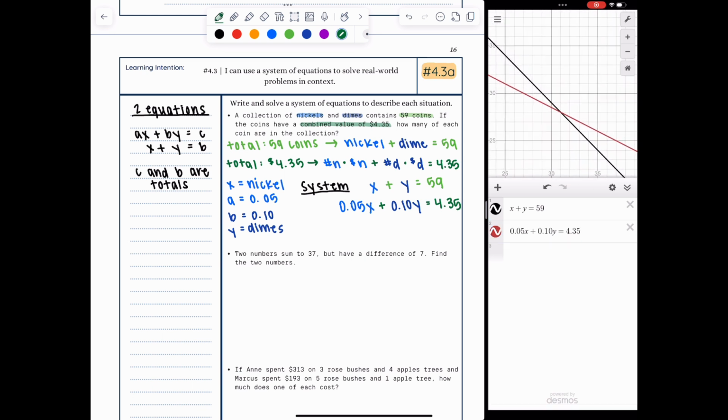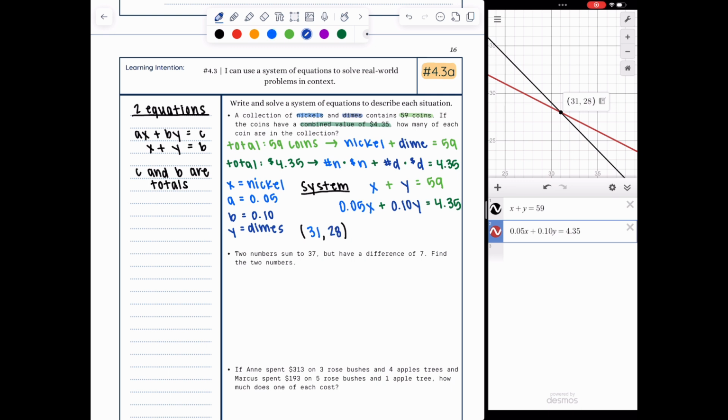Next, you're looking for the actual solution to the system of equations. It should be an ordered pair, because if you had two totals, you should have two numbers as your answer. This ordered pair is (31, 28), and so that's telling me specifically how many of each coin I have. 31 and 28 add up to 59, so I know that that works.